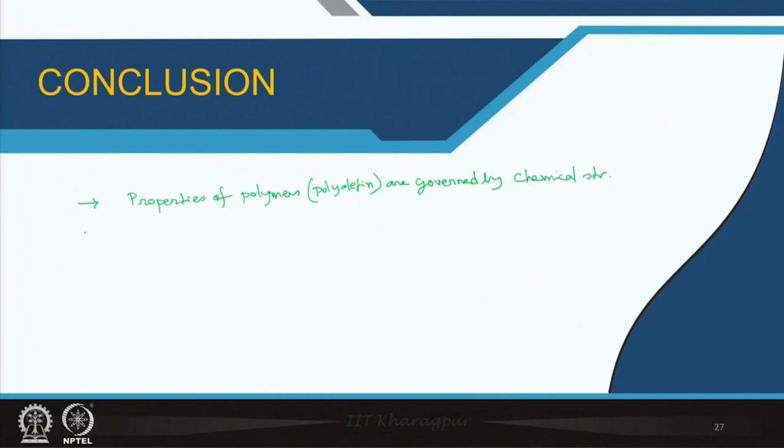These chemical structures may be of two types, one is the regioisomeric and one is the stereoregularity.